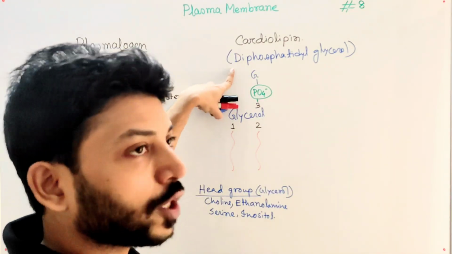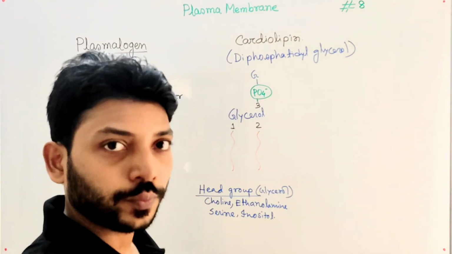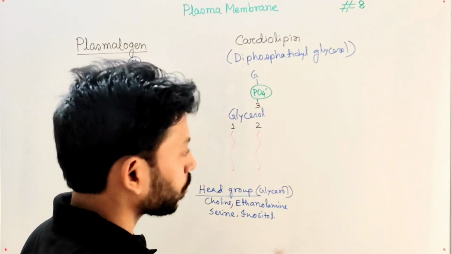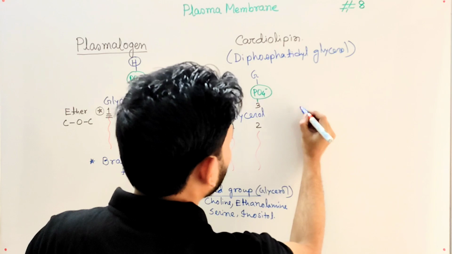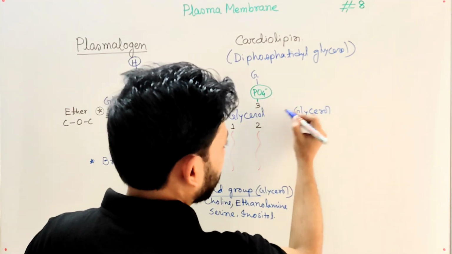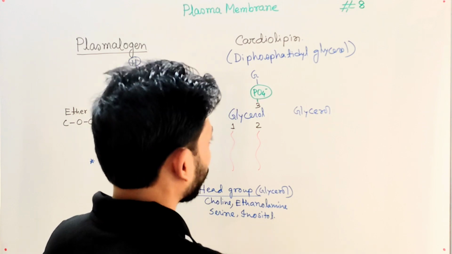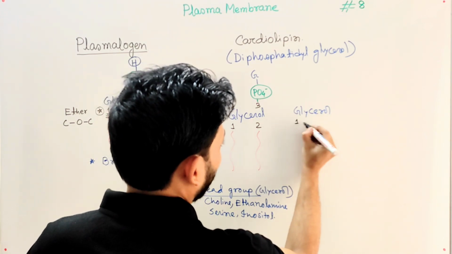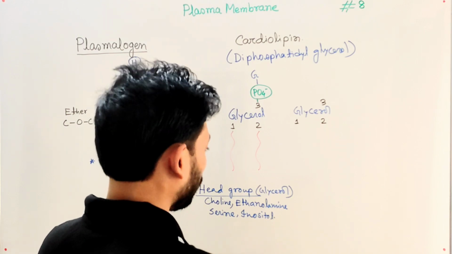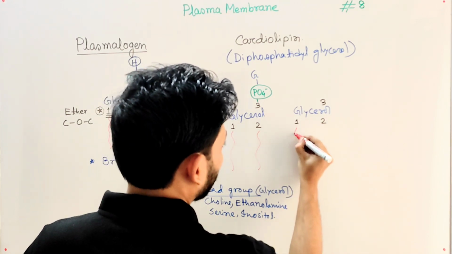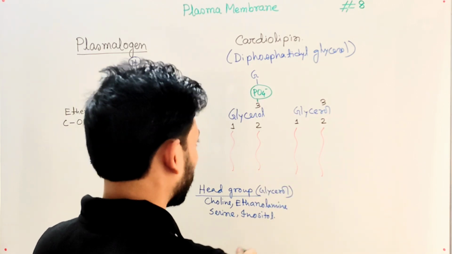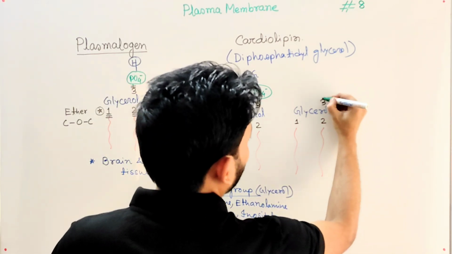Now cardiolipin is called di. Di means two, so there will be a similar structure like this, and two similar phosphoglycerides will be there. So in cardiolipin, there is another glycerol molecule that acts as a backbone. With the first and second carbon of this glycerol, two fatty acids are attached. And with the third carbon, a phosphate group will be attached. Okay.